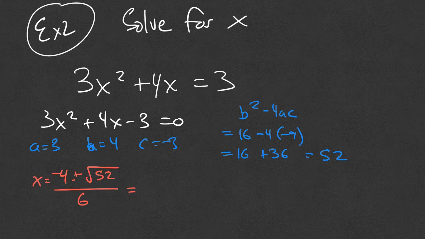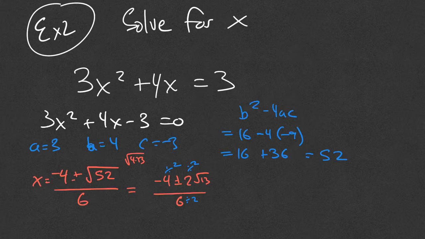And then let's work on simplifying this. I get negative 4 plus or minus the square root of 52, which would be 4 times 13. And so I get 2 root 13, divided by 6. And all three of the coefficients here can be divided by 2.